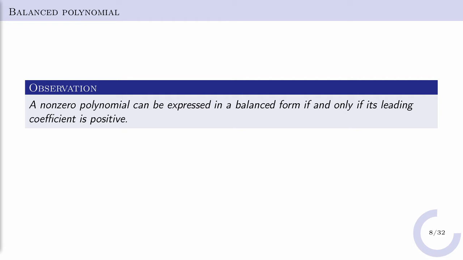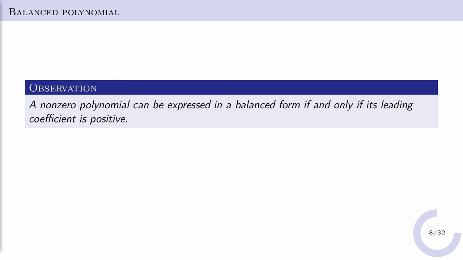Of course, this assumption is not restrictive in any way, because the roots of a polynomial will not be altered if we replace f by minus f. So if we have a polynomial and its leading coefficient is negative, we can always replace f by minus f, and now we will have a polynomial with a positive leading coefficient.